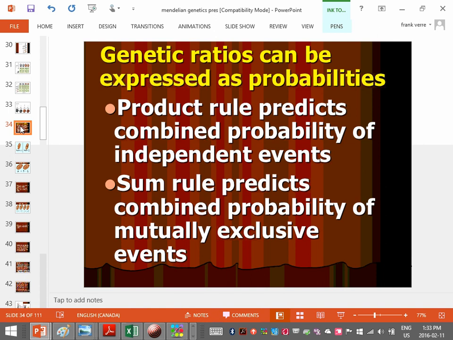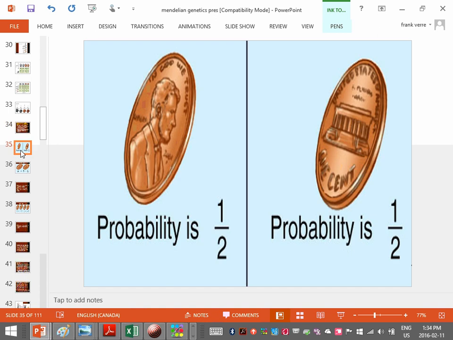So we're going to talk about how to make predictions in genetics using two tools. One is called the product rule, and it's pretty easy. Basically, you look at an event and you figure out what are the odds of getting that event through multiplication of a series of events. So, for example, if I look at a coin, right?